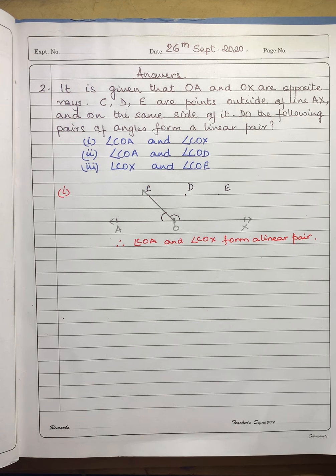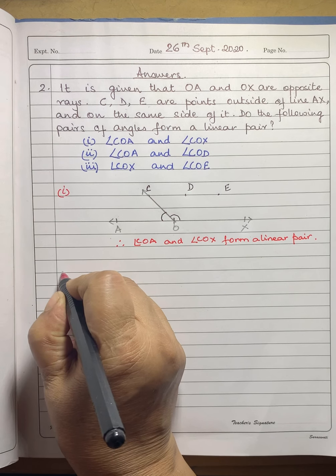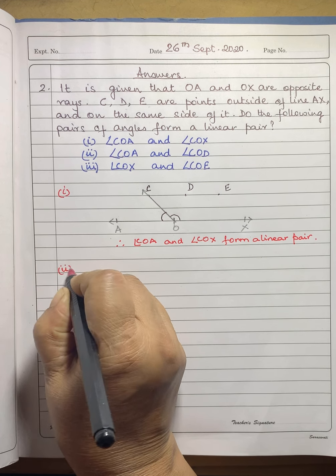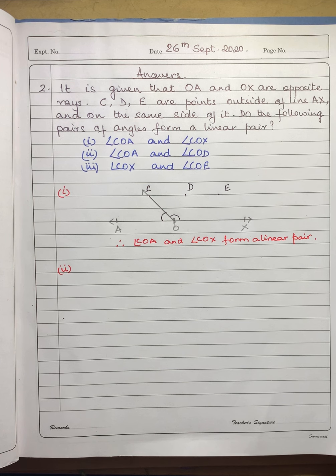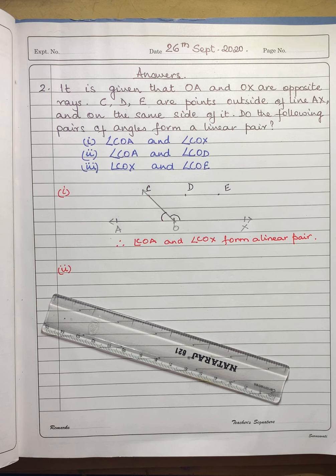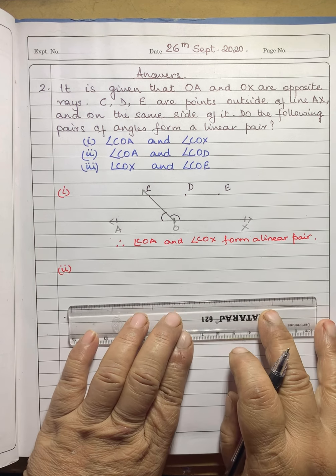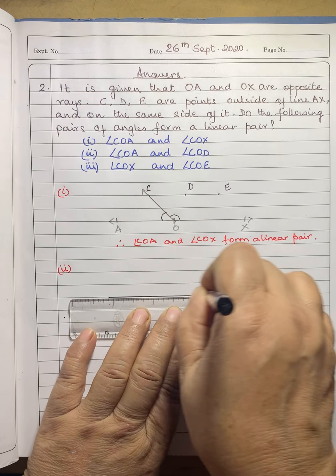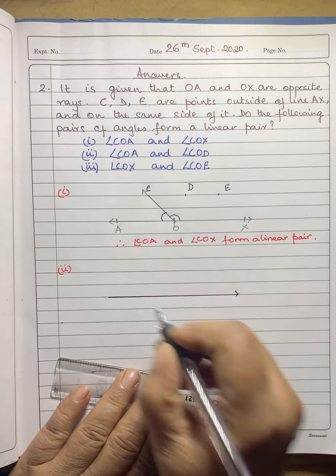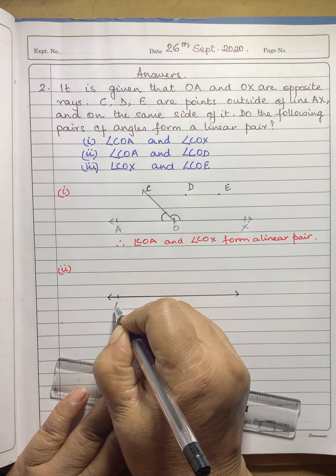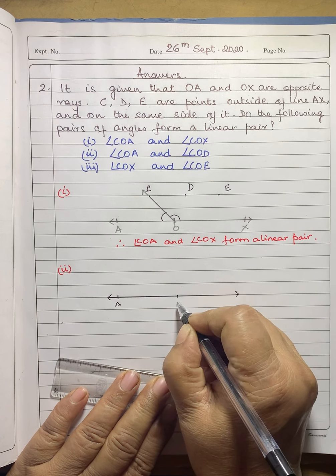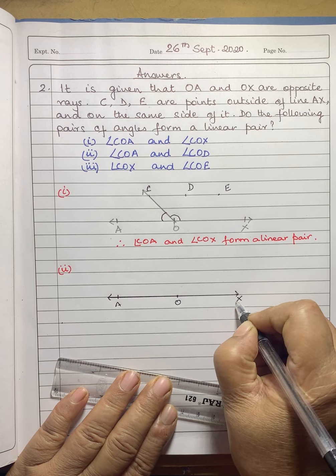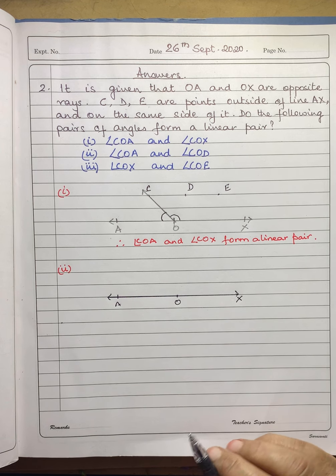Okay. Now let us go to question number 2, part 2. In this also, the line given, I'm going to draw it with a black pen only, it will be more visible to you. We have a straight line which is giving us two rays, ray AO and ray OX.